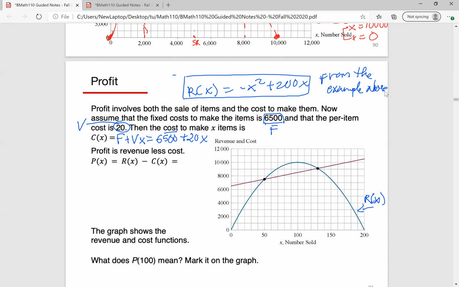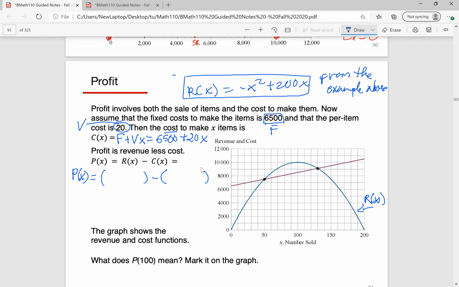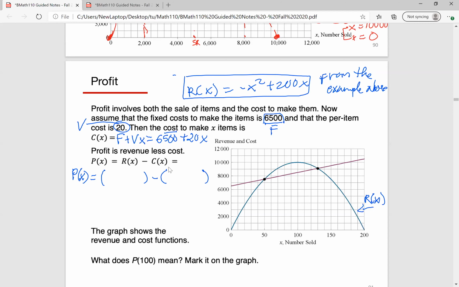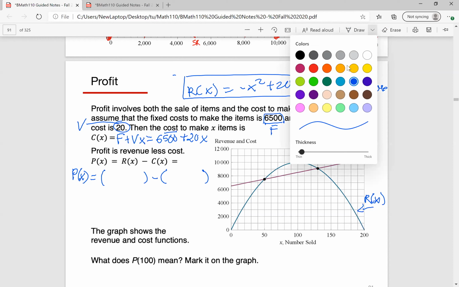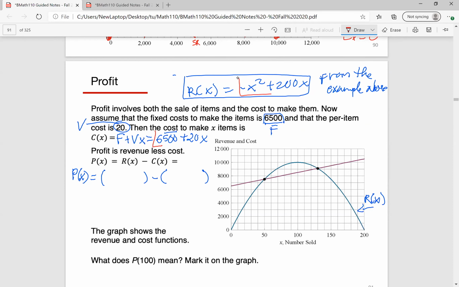Okay, so now come back with the profit function. I will have profit equal to revenue function minus cost function, right? So let's use the revenue function in red color.